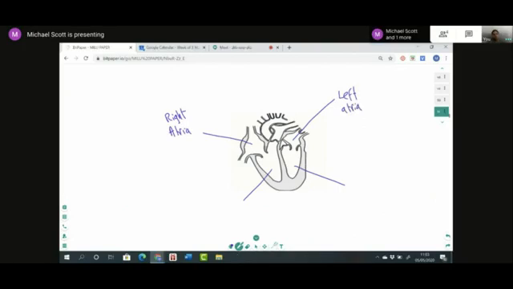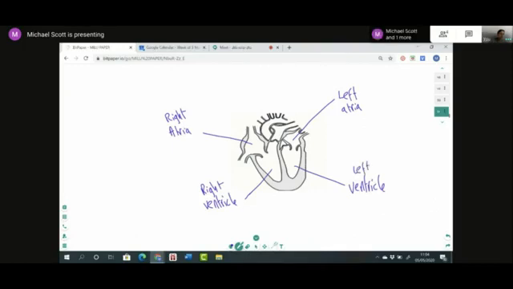So the top 2 chambers are called atria. The bottom chambers are called ventricles. Again, we just assign this one as the right ventricle, and this would be the left.